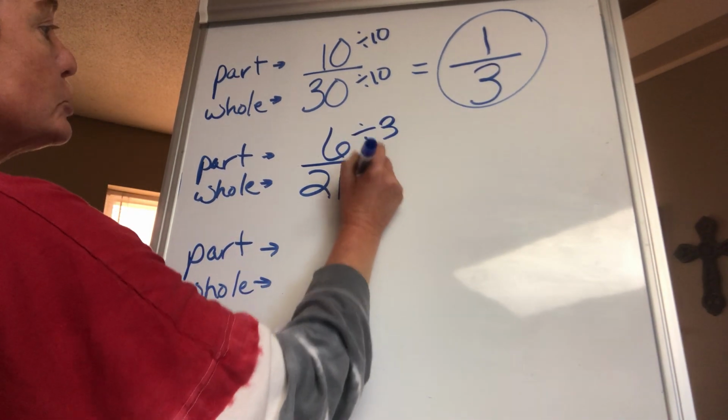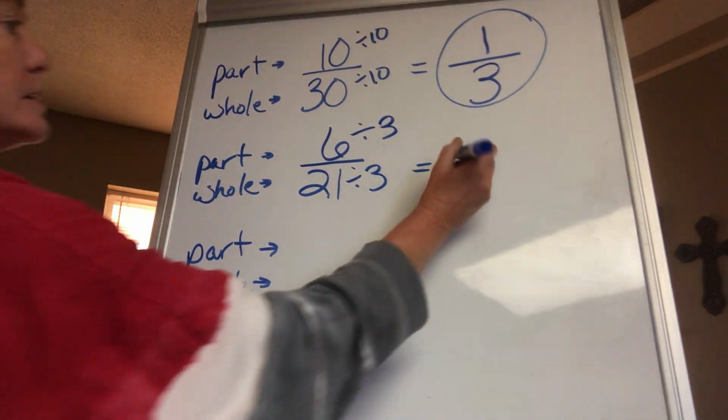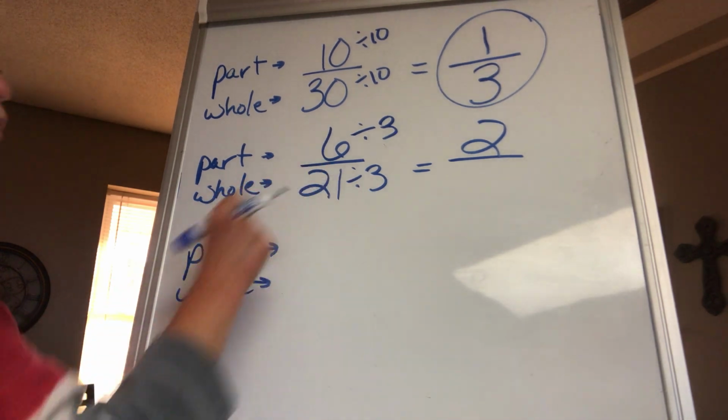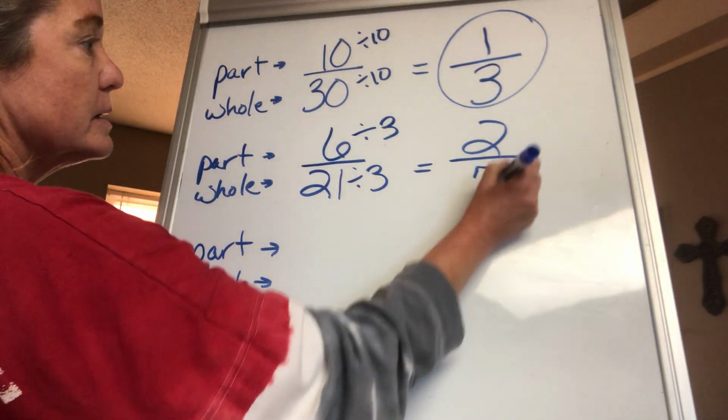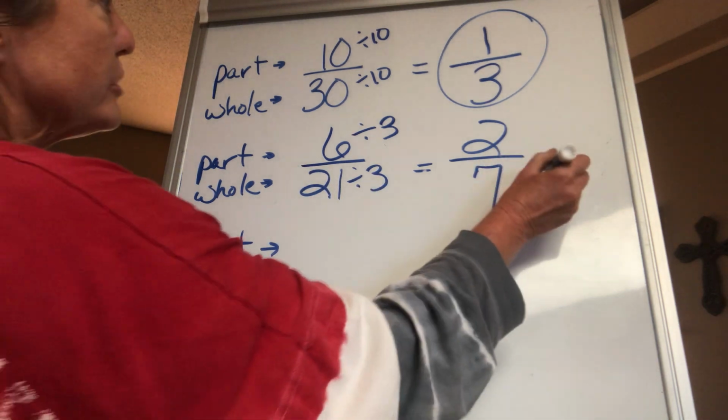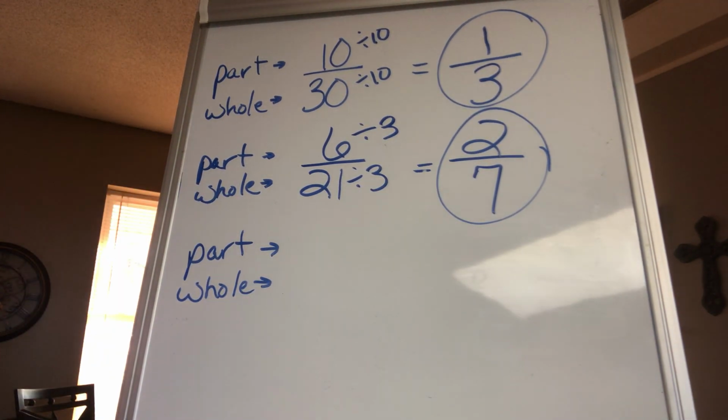So if I divide each one of them by 3, 6 divided by 3 is 2. 21 divided by 3 is 7. All right, so I've simplified once, and let's see. Doesn't have a 1 in it, but remember that doesn't always mean it's not already in simplest form. Is there any number? No, because 2 doesn't work, and I can't go above 2, can I? So I know that 2/7 of the books were in Spanish.